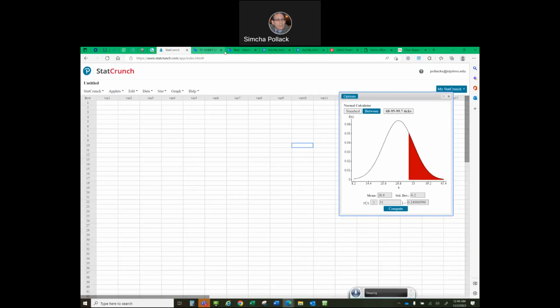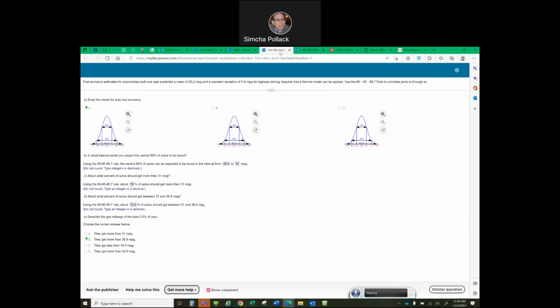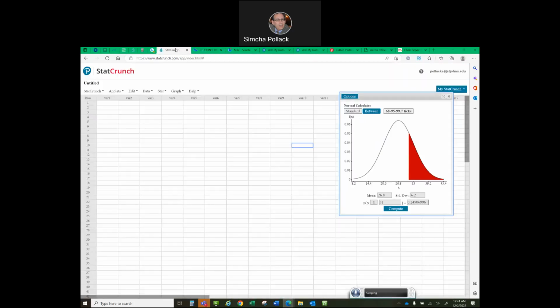Notice we have two different examples. I think this was the example we were doing: more than 33. Compute.